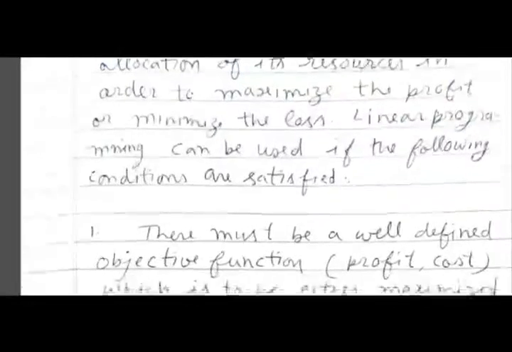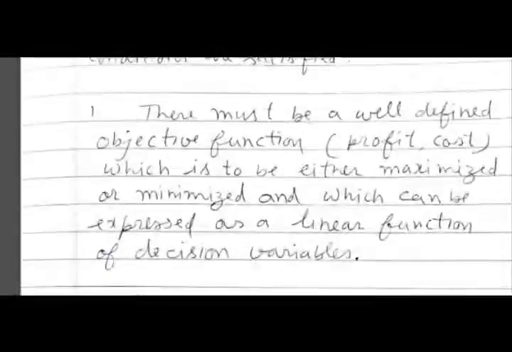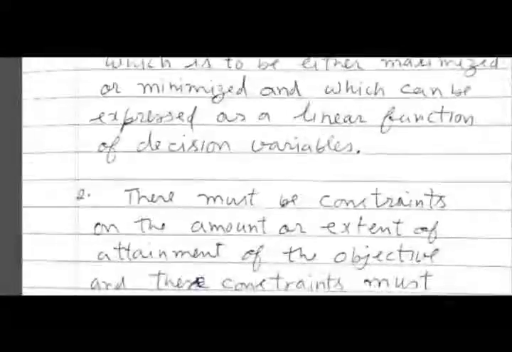Linear programming can be used if the following conditions are satisfied. First, there must be a well-defined objective function, maybe profit or cost, which is to be either maximized or minimized and which can be expressed as a linear function of decision variables.